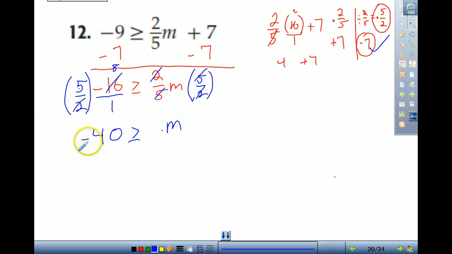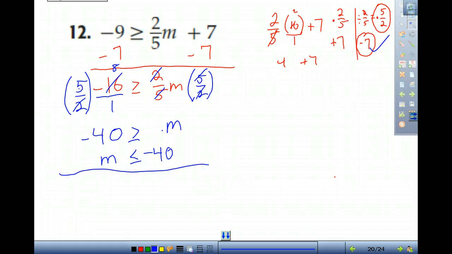Now, if negative 40 is bigger than all our answers, that means all our answers are less than negative 40. So remember, use the number line. If it asks you to graph, do it. If it didn't ask you to do this, you don't have to, just point it out.